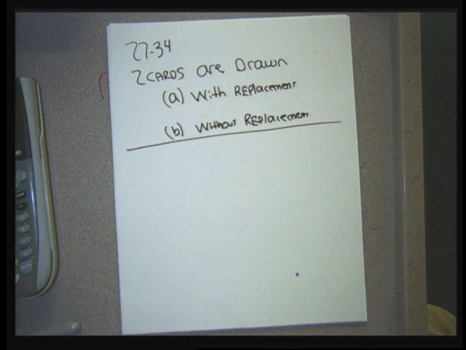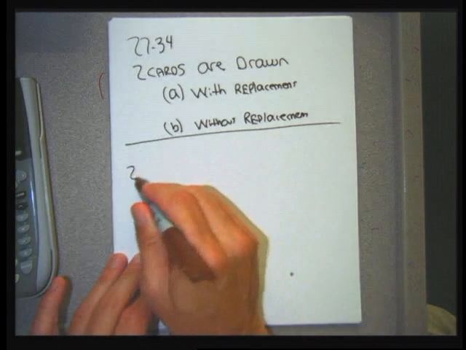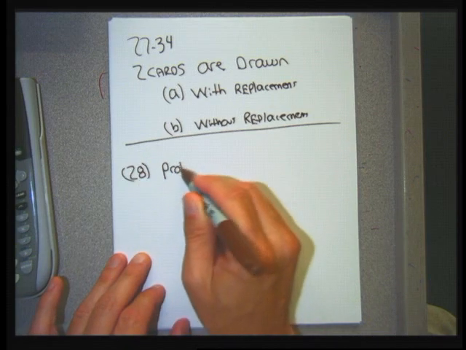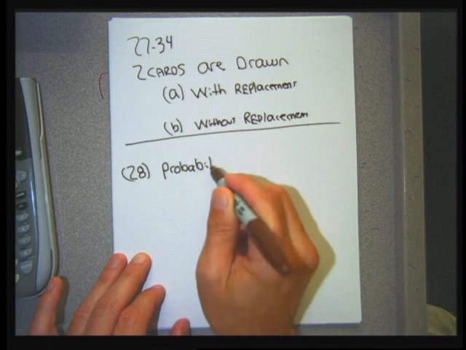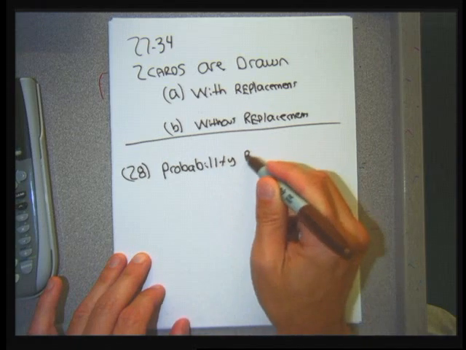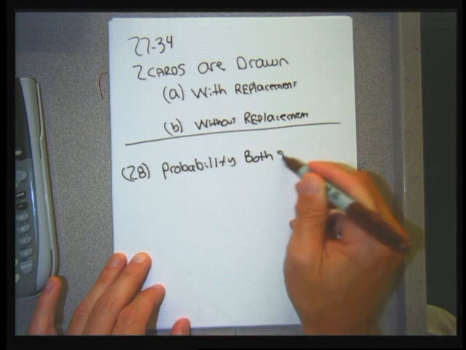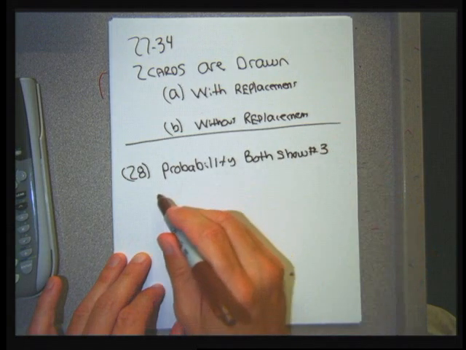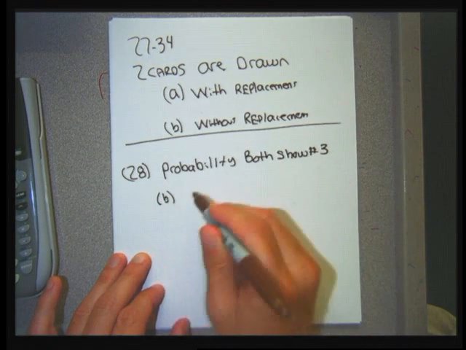Part 28 says, what's the probability that they both show the number 3? I'm going to do without replacement first because we've been doing without replacement.